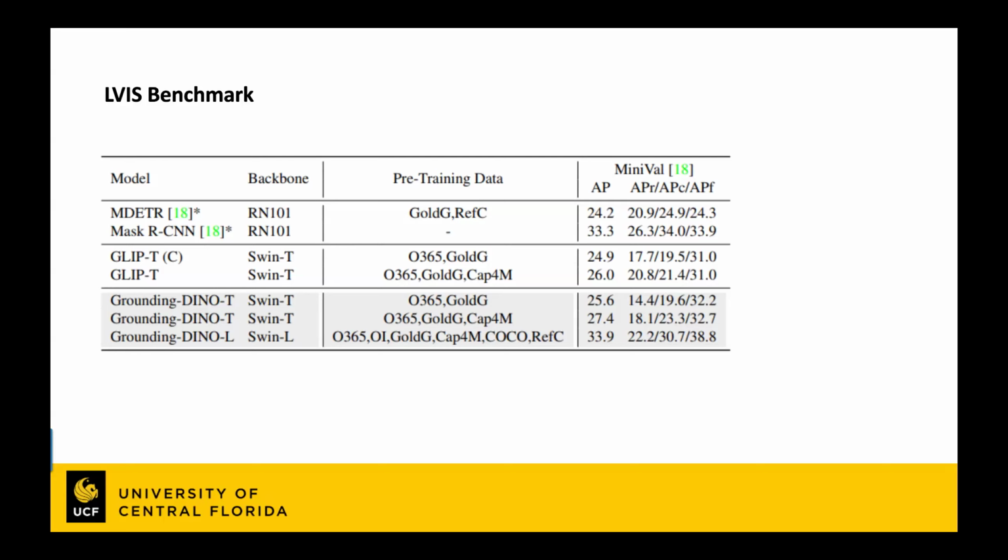And in this scenario, we're only comparing grounding DINO against GLIP because there wasn't a similar evaluation for base DINO, but we can see that grounding DINO outperforms GLIP T by over a percentage point on the average precision metric.